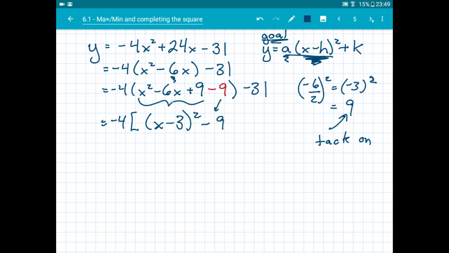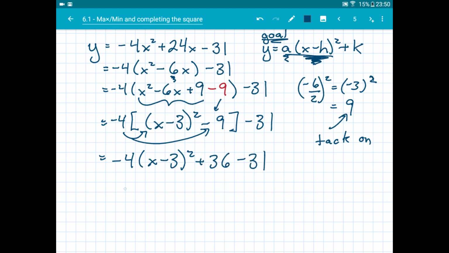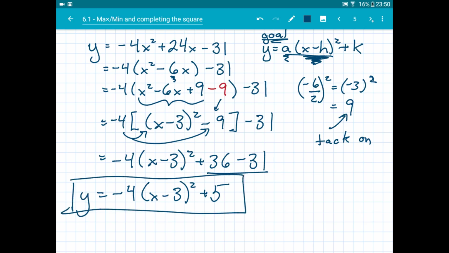That's not included in the perfect square trinomial. Okay, minus 31. Now we just bring that minus 4 back in the bracket. We get minus 4 x minus 3 all squared plus 36 minus 31. And just add like terms. Minus 4 x minus 3 squared plus 5. And that, we completed the square to get it back into vertex form.